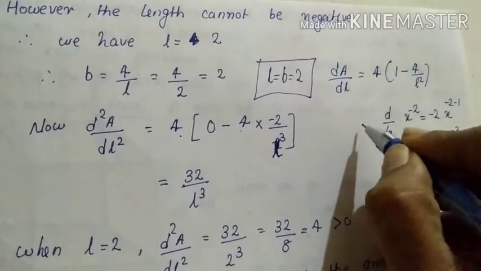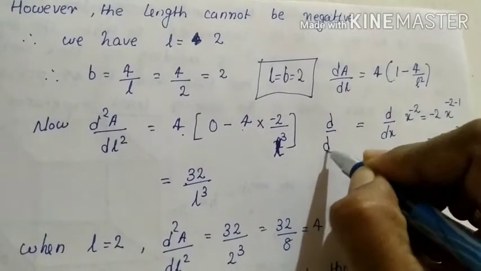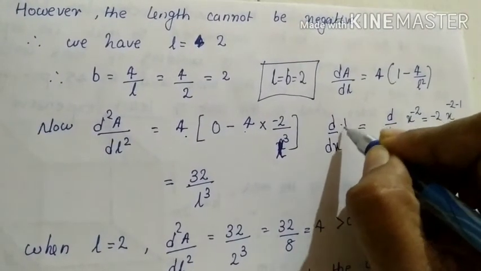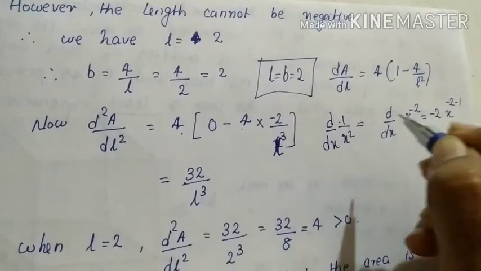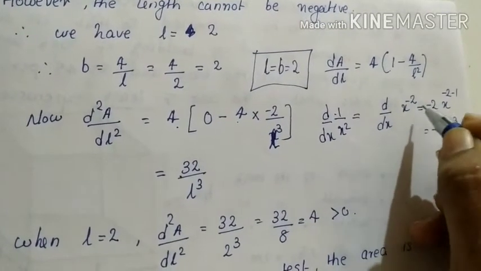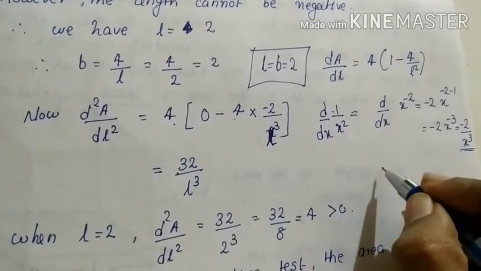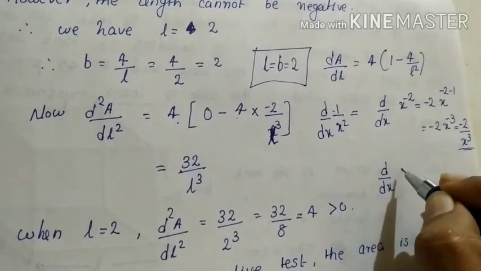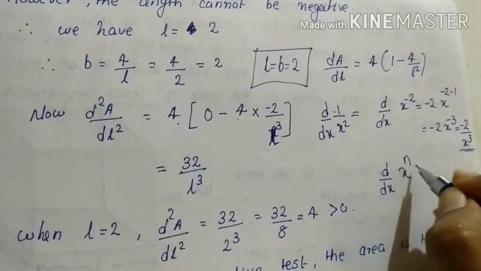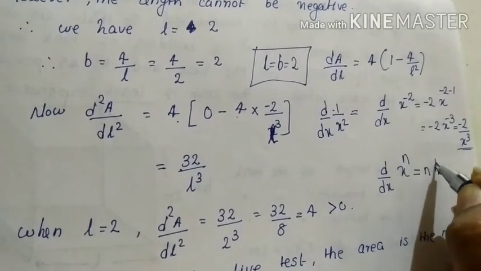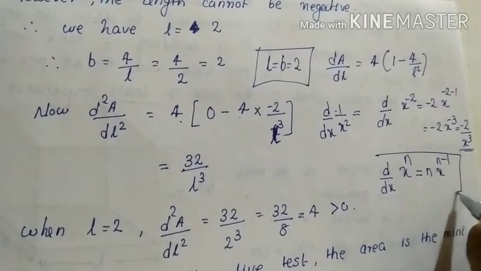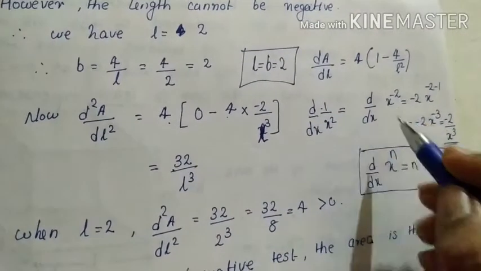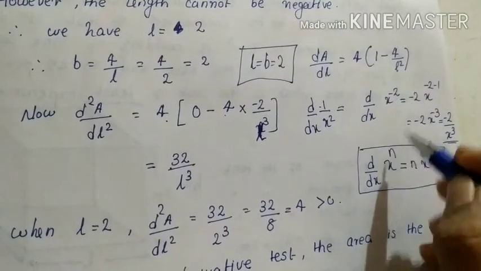So we know that the standard derivative of 1 by x square, which can also be written as x raised to minus 2, and the general formula for the derivative of x raised to n is n into x raised to n minus 1. Comparing these, here n equal to minus 2.